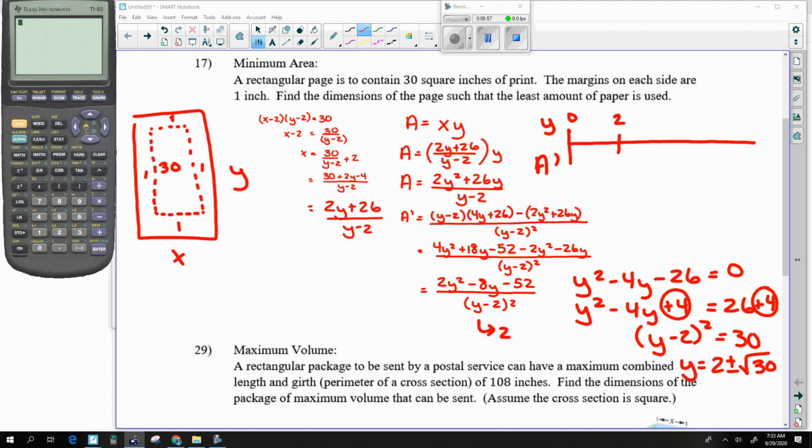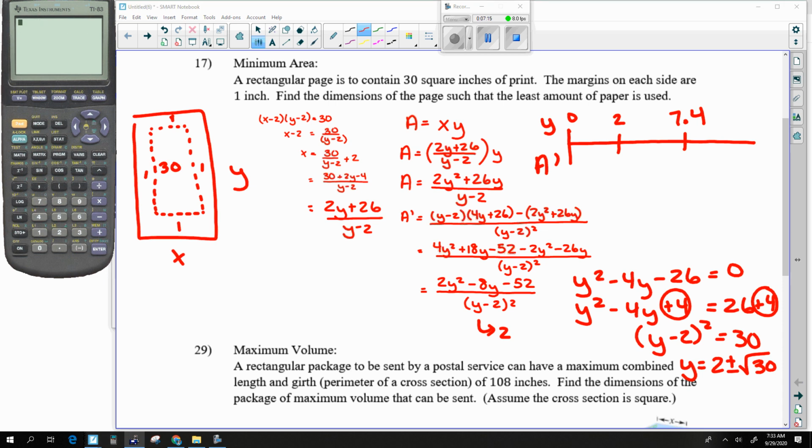Yeah, 2 minus root 30 is a negative number, so it has to be the 2 plus root 30. So that's like 7.4 something. Okay, so that's the 2 plus root 30.